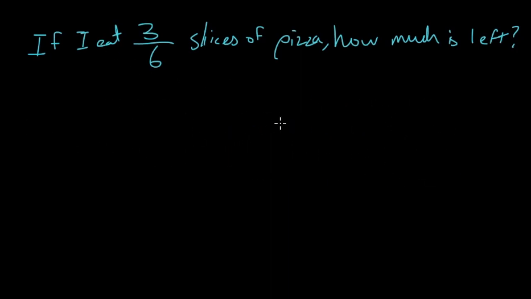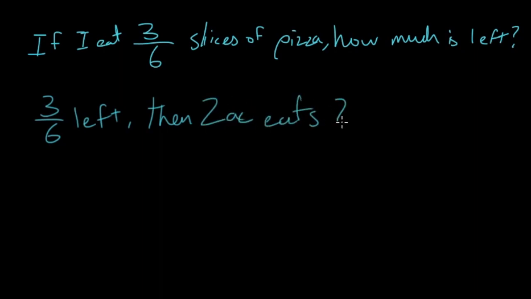Okay, now here we know that there's 3 out of 6 left, right? After I eat 3 slices. Then Zach eats 2 slices. How much remains?